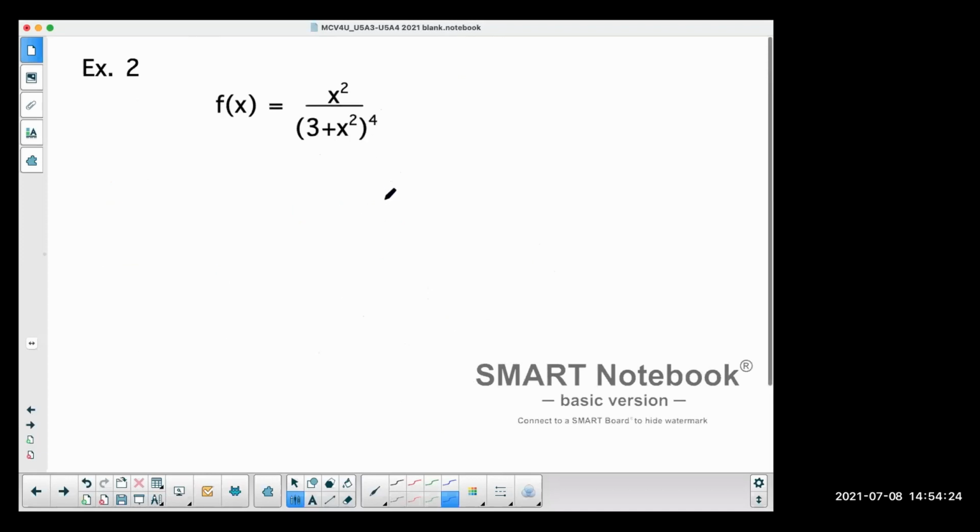Okay, so this one's a bit more complicated, but that's okay. Just because it looks more complicated doesn't mean the question is hard. You just have to recognize this is a quotient rule. You have a u and you have a v, right? The division sign, you have a fraction, you have a quotient, you're going to apply quotient rule. In order to do quotient rule, I'm going to do the four things again separately to make the question easier, right?